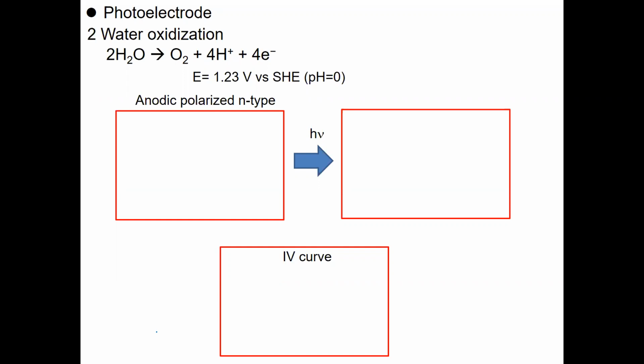When the N-type semiconductor has contact with solution or water, as I mentioned, most N-type semiconductors show a Schottky contact. And at this moment, we don't know where the redox potential of water is compared with the N-type, because I didn't specify a material.